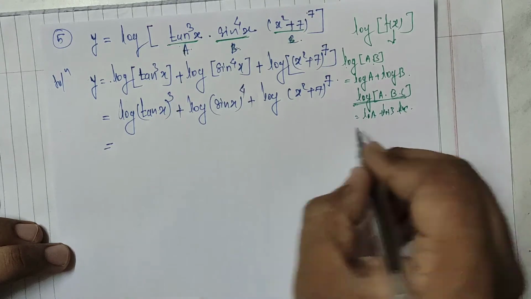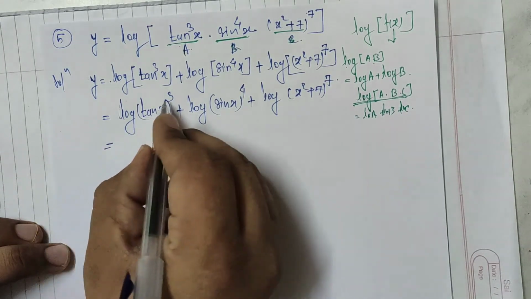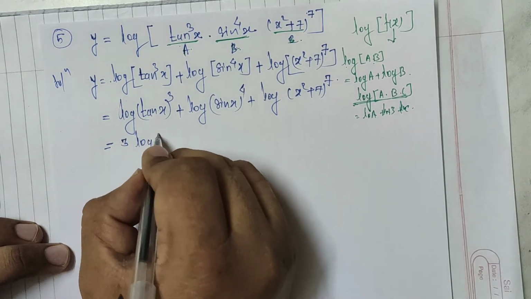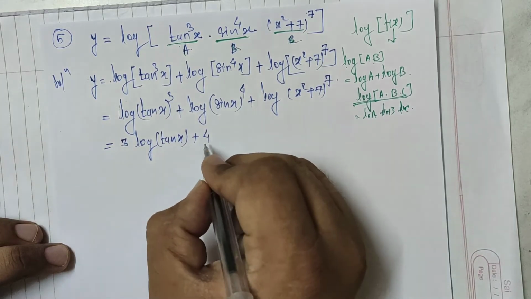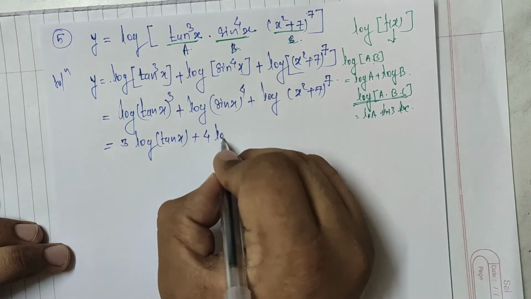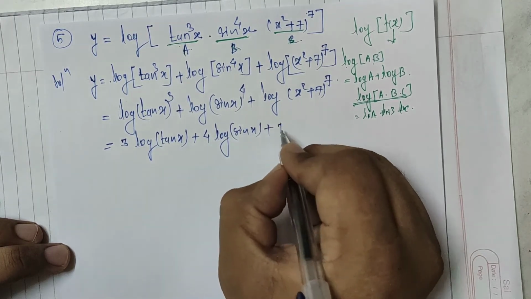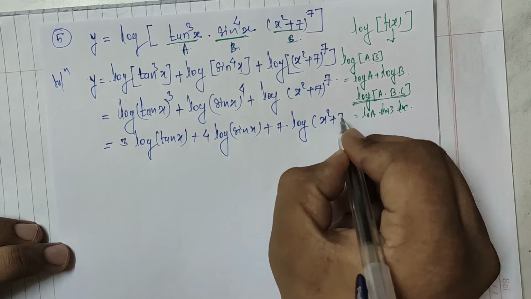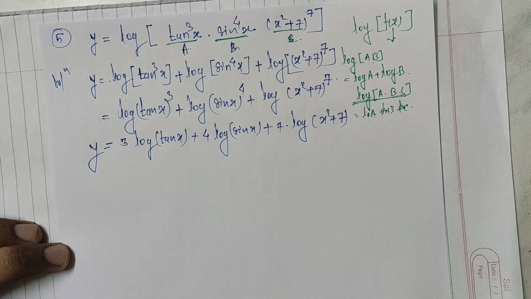Here we use which rule? Log of index rule. As per the index rule, here 3 comes first: 3 log of tan x plus 4 log of sin x plus 7 log of x square plus 7. Okay, then we can differentiate.